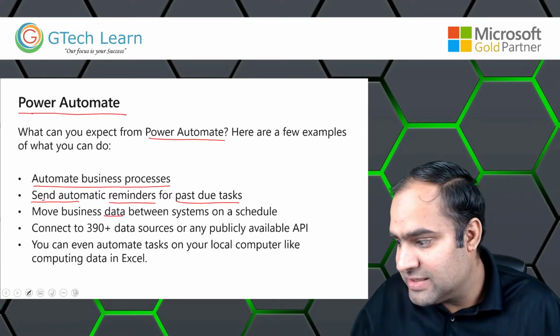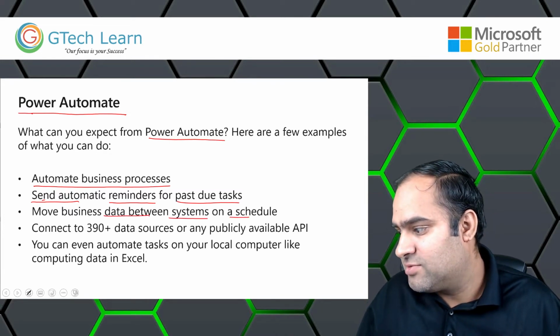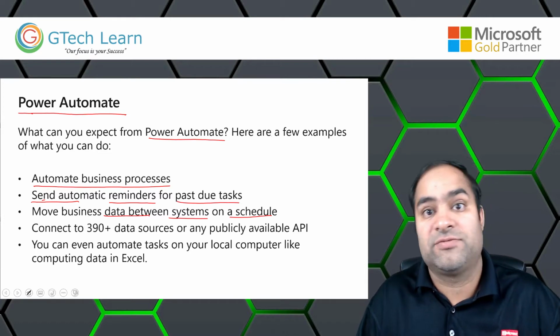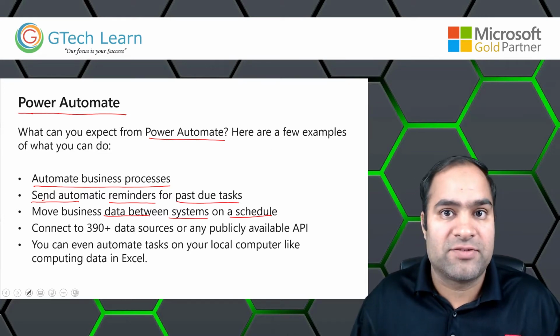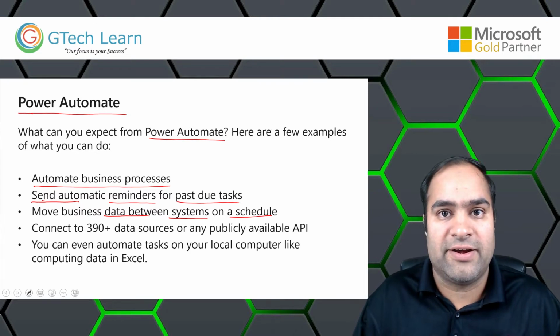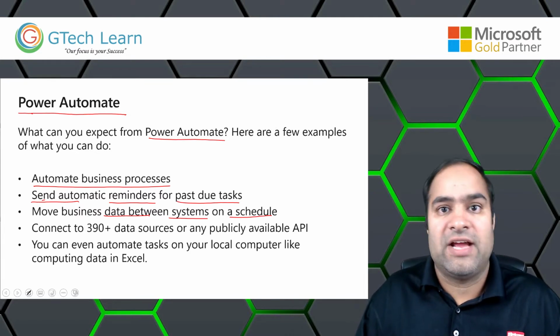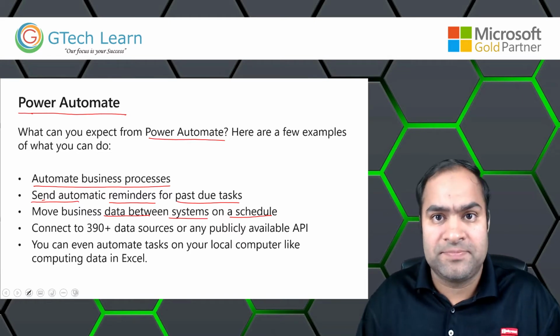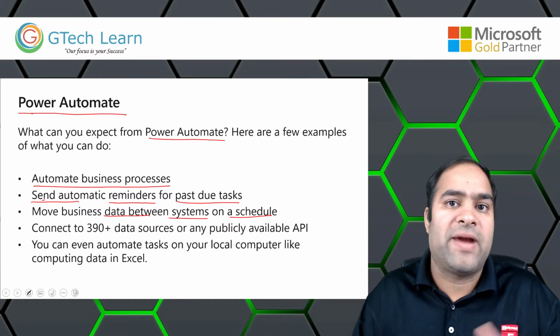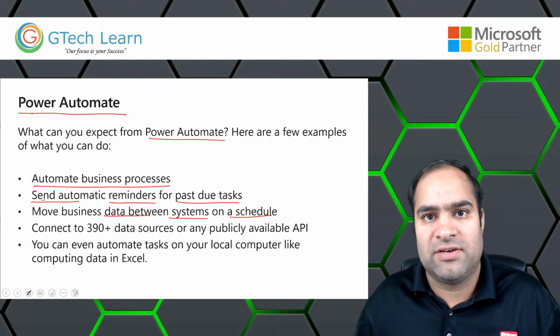You can move your business data between systems on a specific schedule or on a specific trigger. We can use it for data import and export situations as well, where something gets triggered and I want to move my business data from one system to another altogether. They could be Microsoft services or non-Microsoft services.